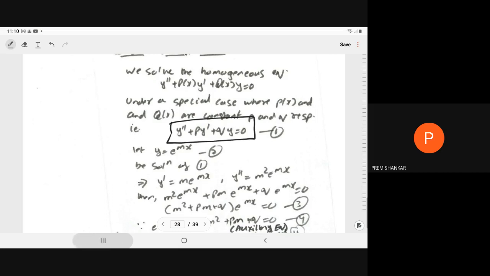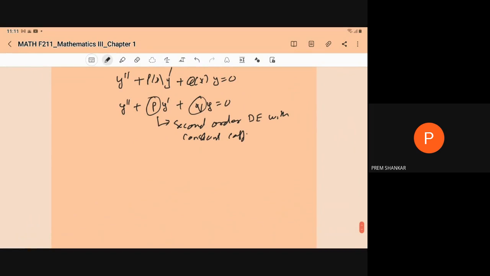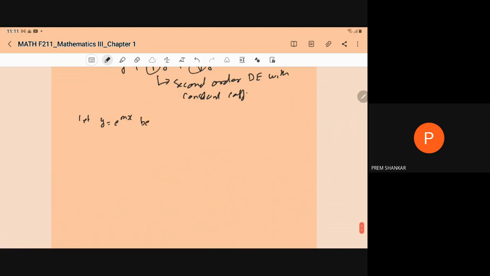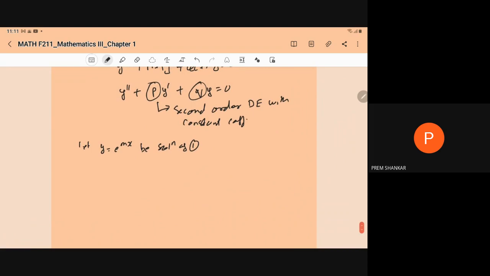Now let y is equal to e to the power mx be a solution of the first equation.